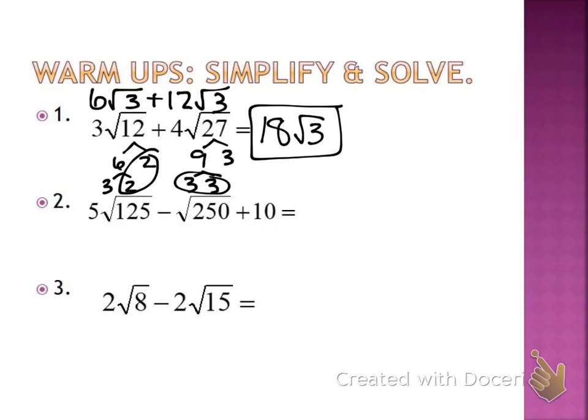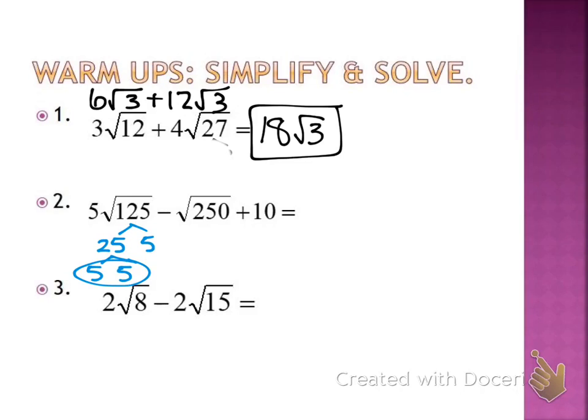All right, on number 2, we have to break down the 125. How did we break it down? 25 times 5. Which of those will break down more? It breaks into 5 times 5. What do we have a pair of? A pair of 5's and a lonely 5.